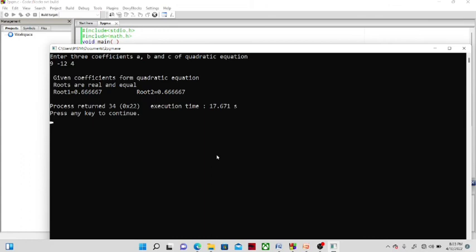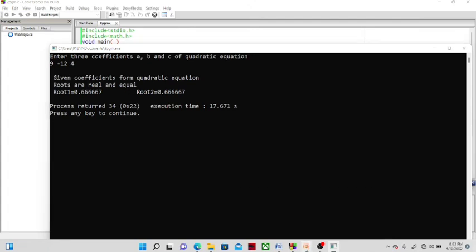So here what happened? The given coefficients form the quadratic equation because a is not equal to 0. And here it is roots of 12 because the b square minus 4ac value is 0.